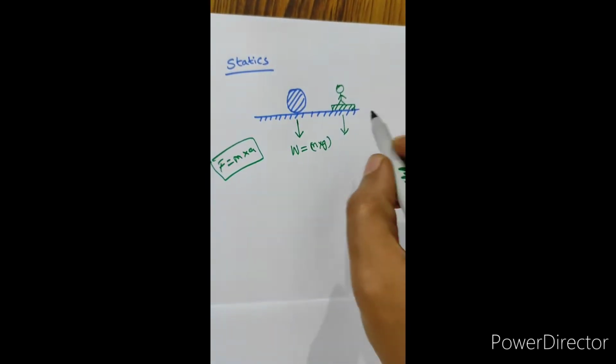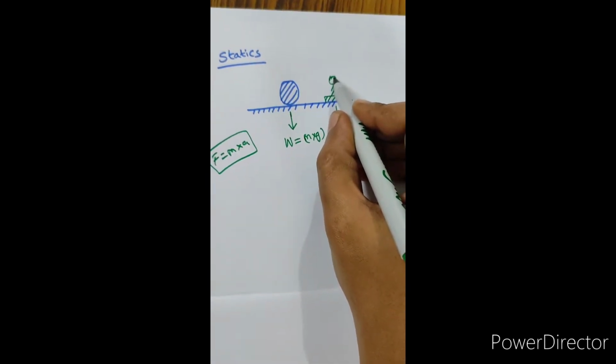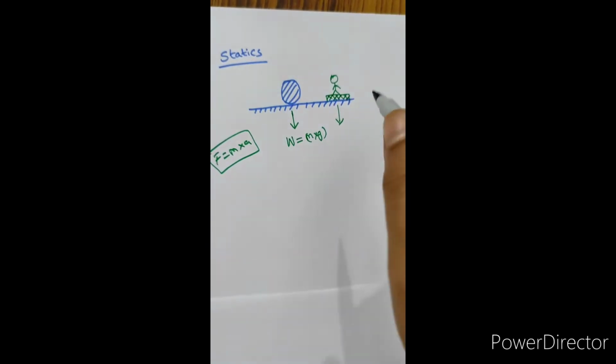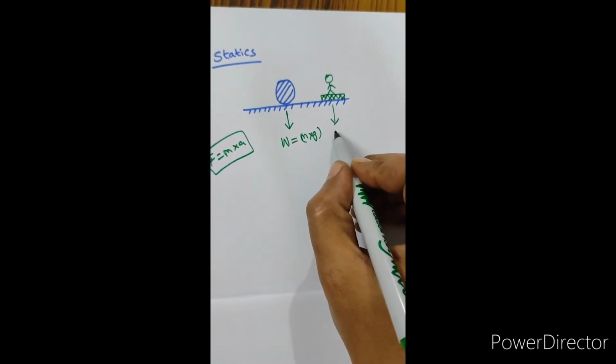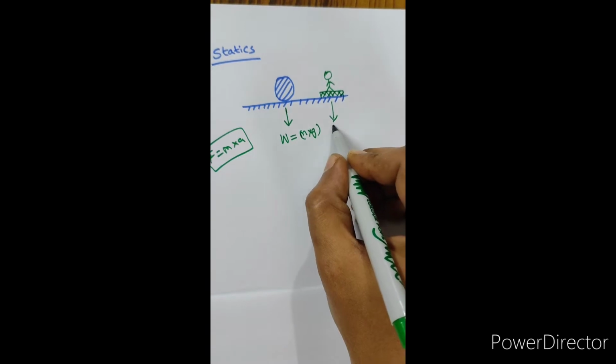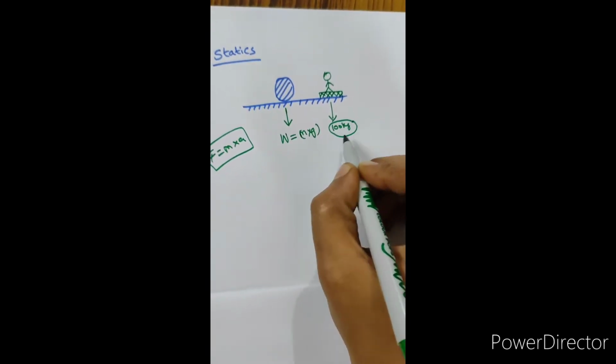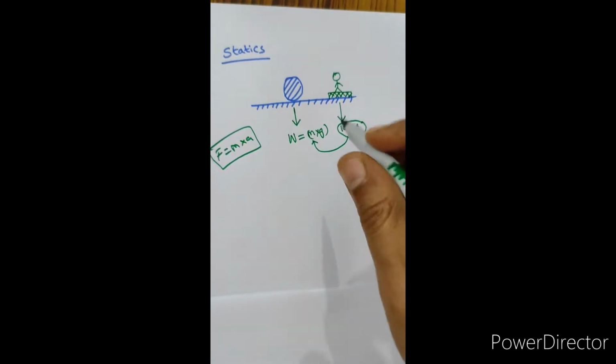If a person is under a static condition, suppose the person is standing on a weighing machine, what will happen? It shows the weight. Let's say a person weighs 100 kg. Actually the kg refers to the term mass.